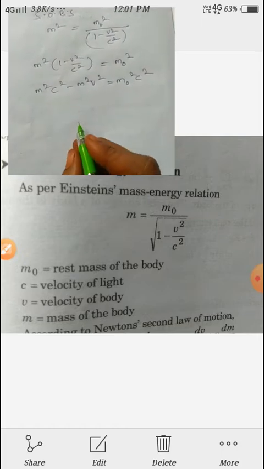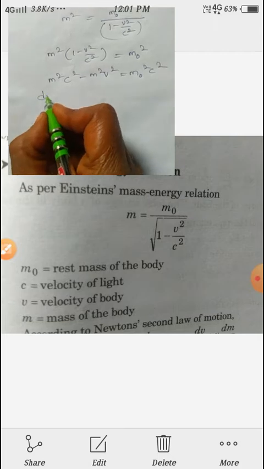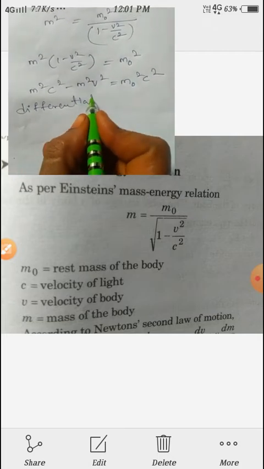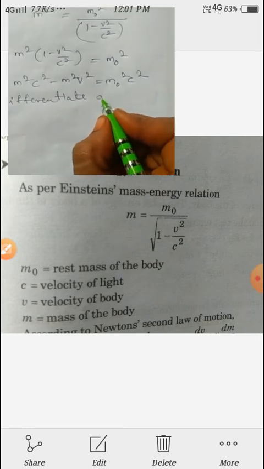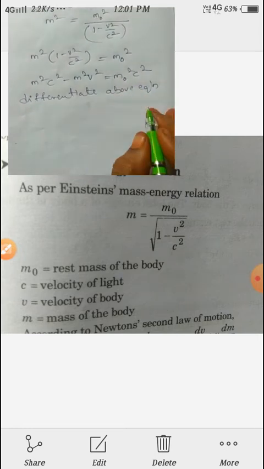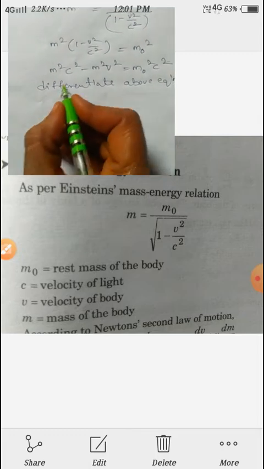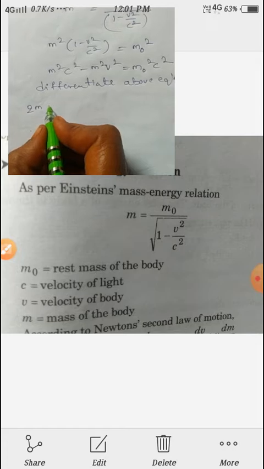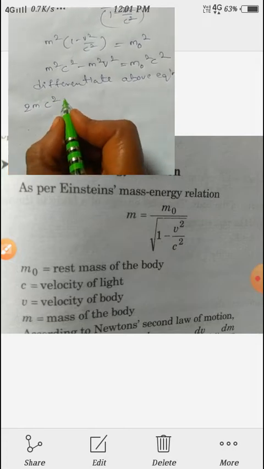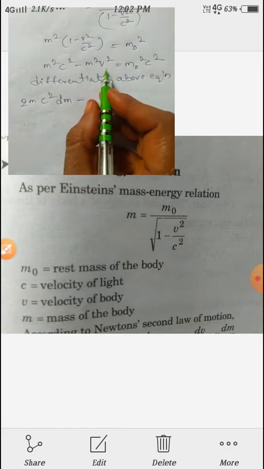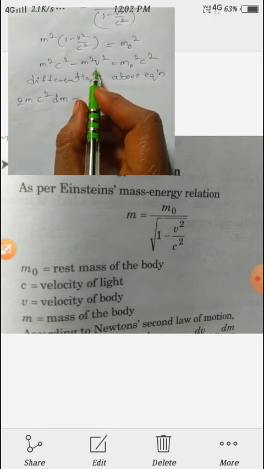Differentiate the above equation. Here c is constant, so 2m c square with respect to m minus, here uv differentiation: m is also variable, v is also variable.